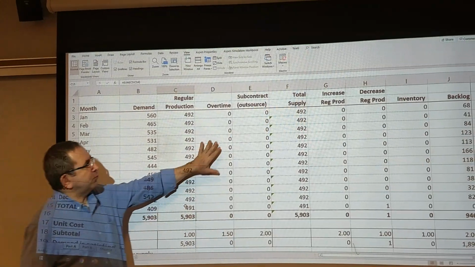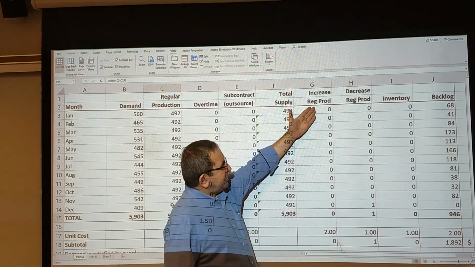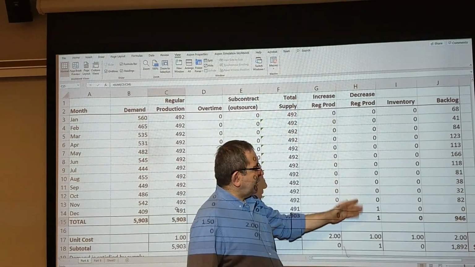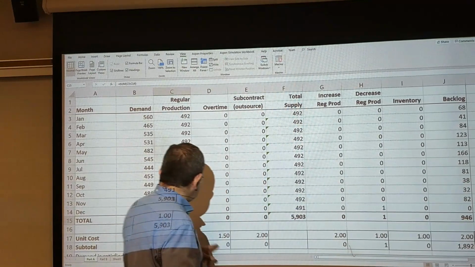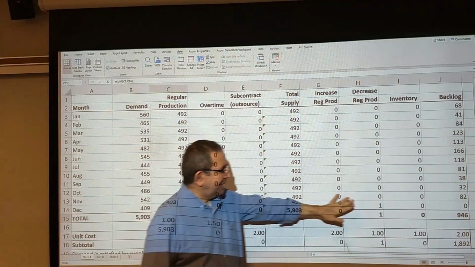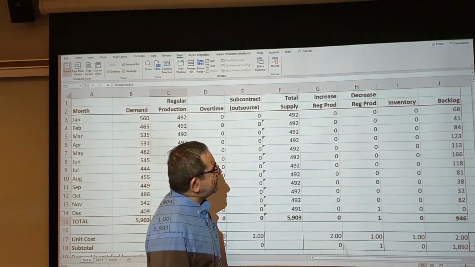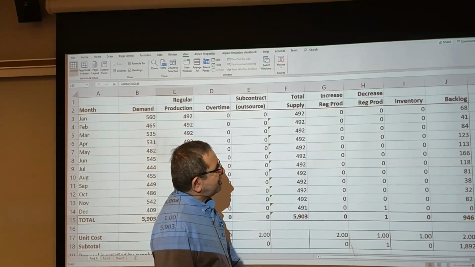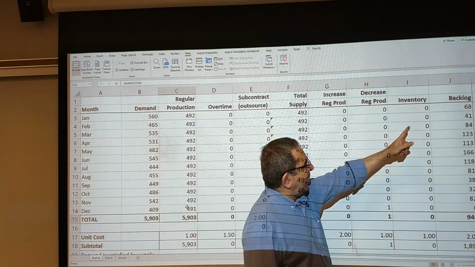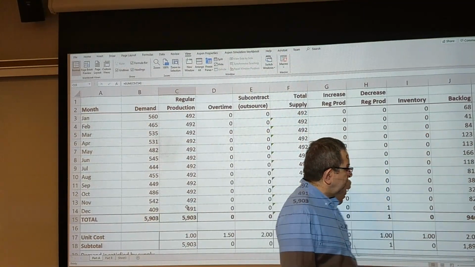No overtime, and under this plan, I never increase production. I never decrease production except for this, because I go from 492 to 491, so you could basically ignore this. I don't have excess inventory, but I have some backlog.